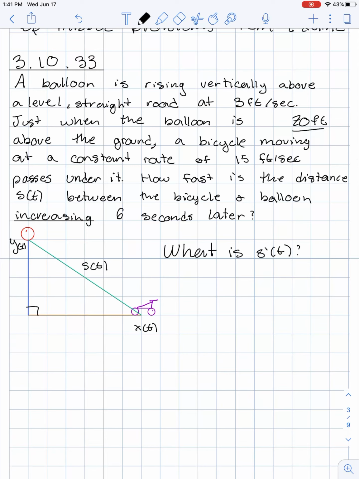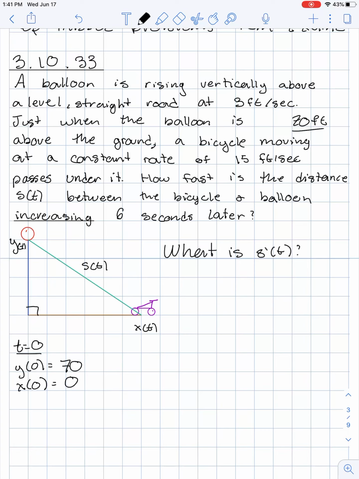So at time t equals 0, y of t, the balloon was 70 feet in the air. X of t, the bike, so this starting point is like the origin, this is time 0, so x of 0 is actually going to be 0, right?